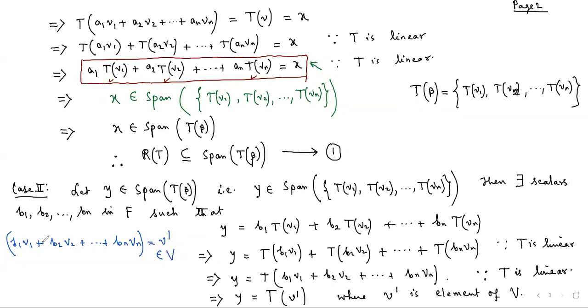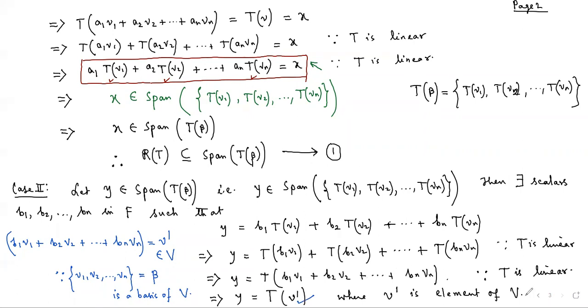This element is the linear combination of V1, V2, Vn, and we know the linear combination of any elements of this type is a member of the vector space V. We can write this because V1, V2 dot dot dot Vn, which is beta, is a basis of V. Okay, so therefore we named it as V prime.